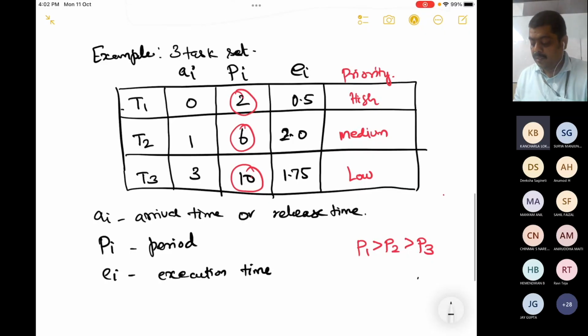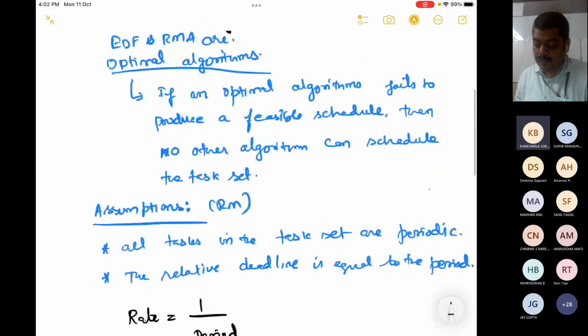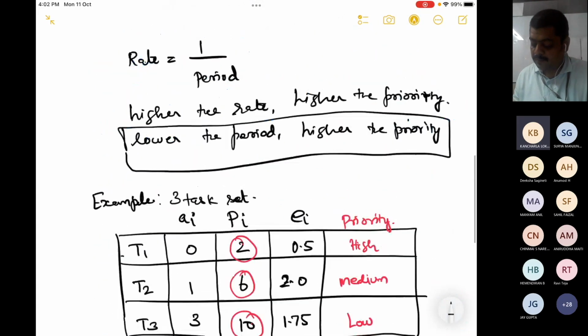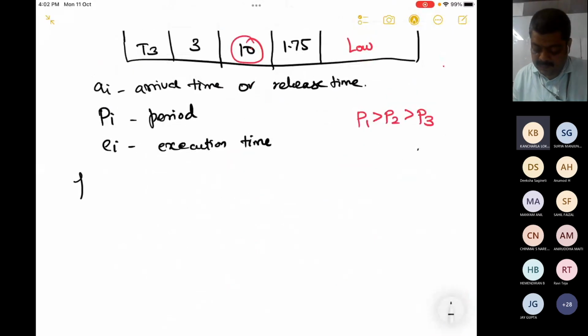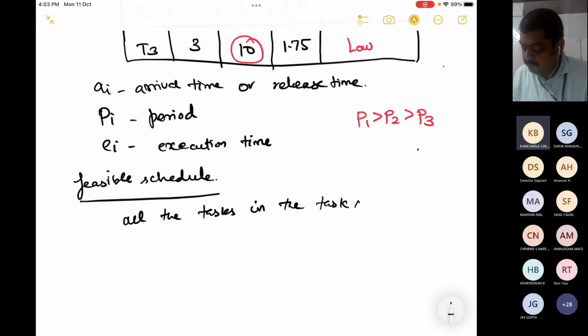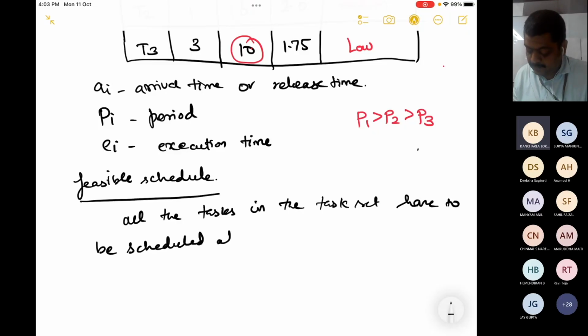Okay. Now I forgot to tell you what a feasible schedule is. What is a feasible schedule? A feasible schedule means all the tasks in the task set have to be scheduled at least once.